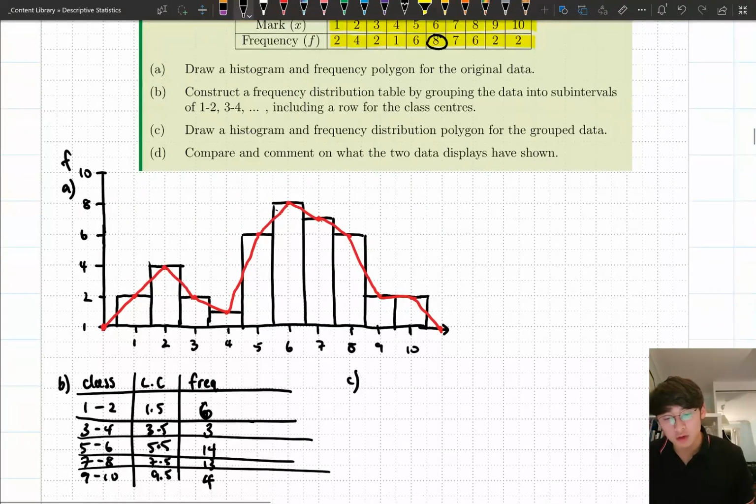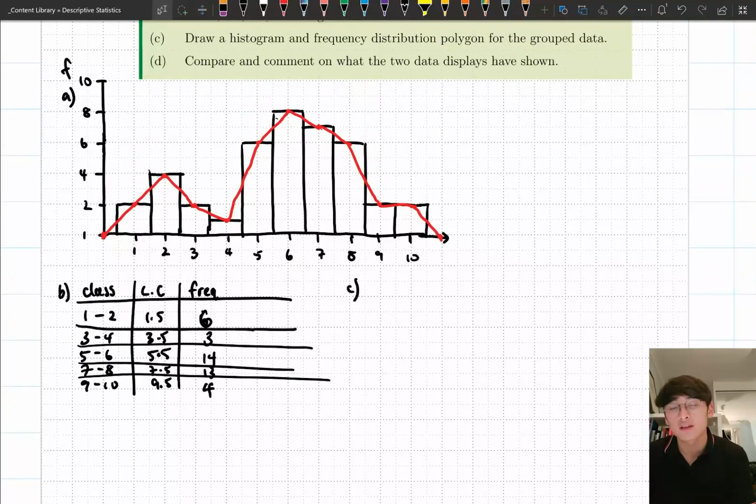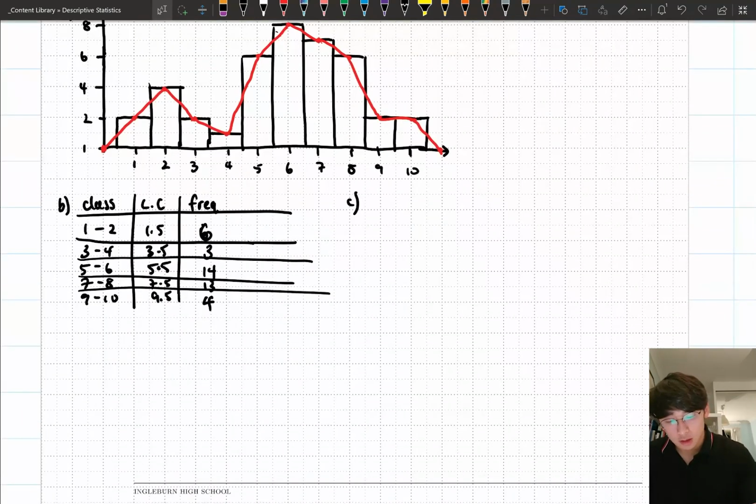Part C is we want to construct a histogram and frequency distribution polygon for the grouped data. So here, what we want to do is do exactly the same thing that we did in part 1, but instead use our new table here and our class centers. So what I'm going to do is, the highest frequency was 14, so this time I'm going to go all the way up to 14.